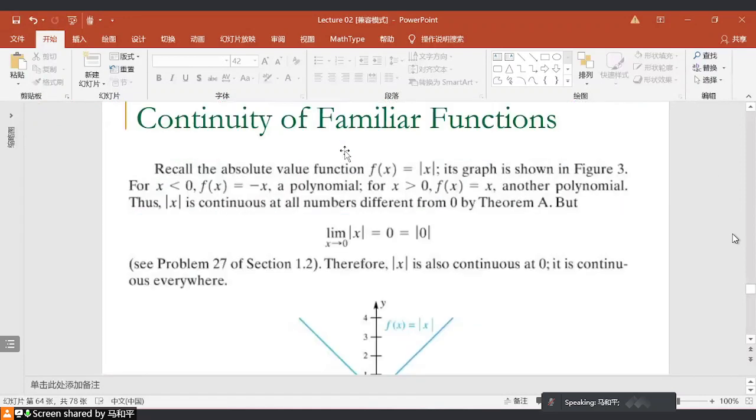And also, we learned some important functions. The absolute value function. How do we memorize the absolute value function?